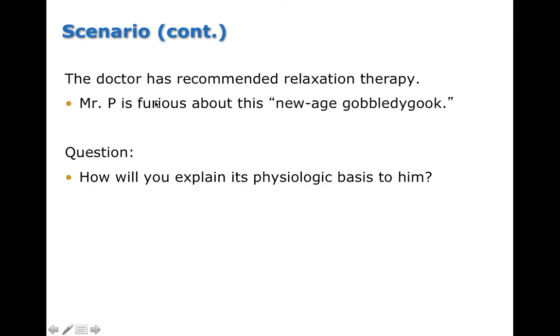P is furious about his new age gobbledygook. So how would you explain its psychological basis to him? Well, we learned earlier how the stress response that can lead to physical manifestations could also correlate with the nervous system, specifically in your hypothalamus. So if you remember, the hypothalamus was involved with the visceral responses to emotions, like psychological stress.